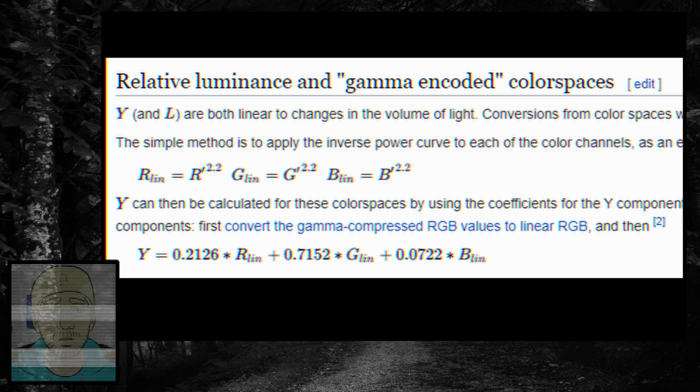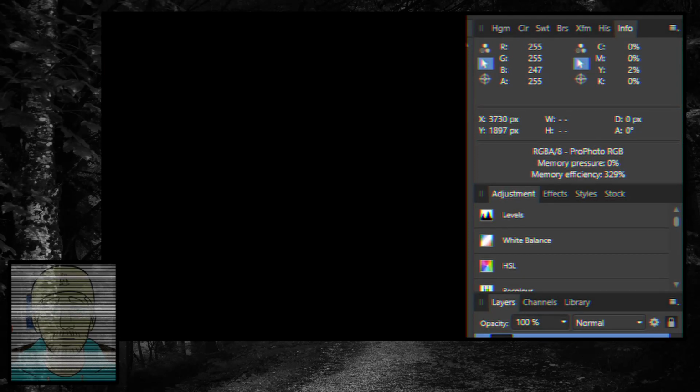Then a simple formula is applied where Y is 0.2126 times R plus 0.7152 times G plus 0.0722 times B. The formula reflects the luminous efficiency function as green light is the major component of luminance, responsible for the majority of light perceived by humans, and blue light the smallest component. Thanks, evolution.